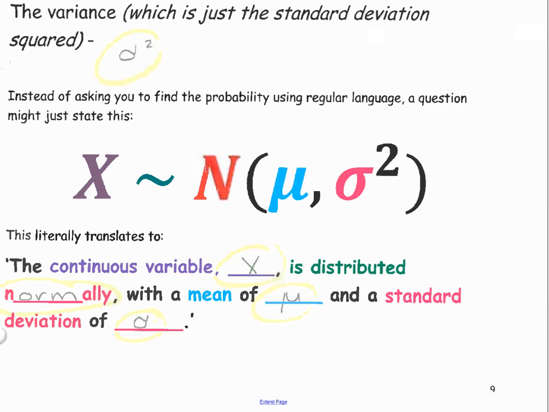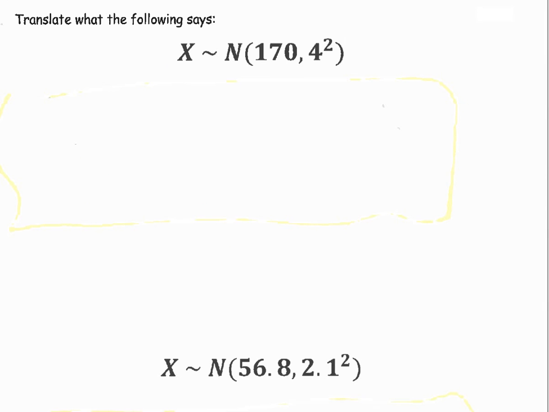So let's see some examples over here. Try to turn these symbols into words, similar to what was done on the previous page. Remember, it begins with the continuous variable, and don't forget that it's big X. What does that curvy line mean? Try to remember. It means is distributed normally, with a mean of, in this case, they've actually told you what the mean is.